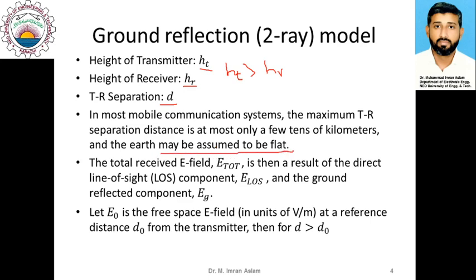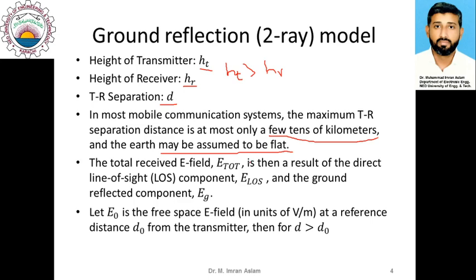So for this model, we assume the ground as a flat surface, and practically this assumption does not make any difference because the propagation distance is very small as compared to the radius of the earth.